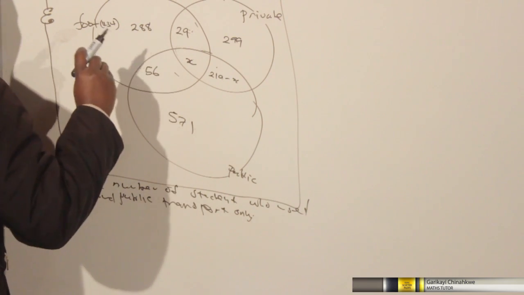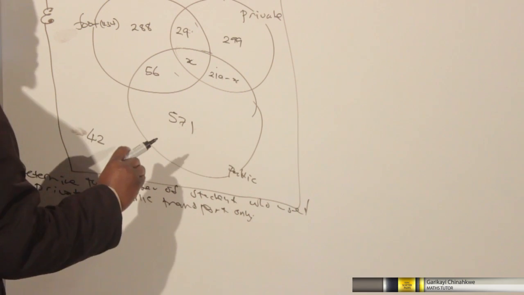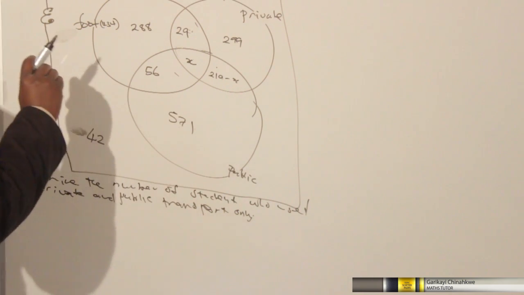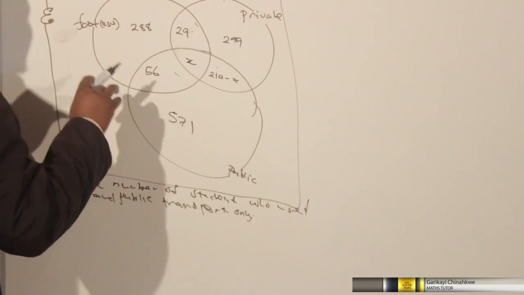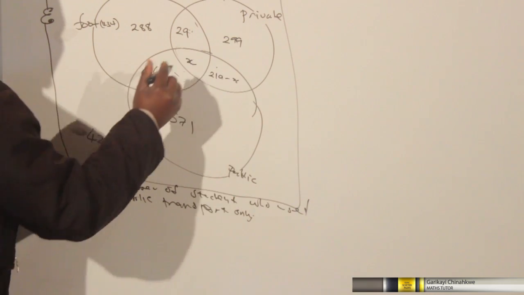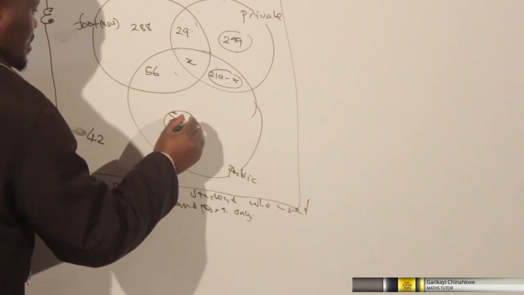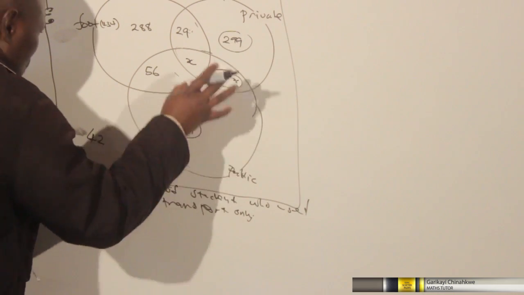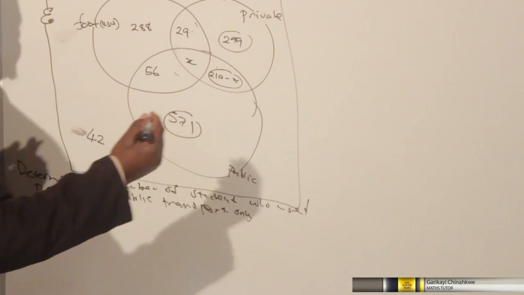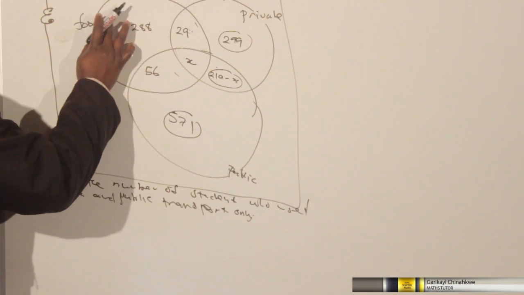We want those who travel by private transport or public transport only. In those people that we are looking at, we are not supposed to find people who use foot. So it includes this one and that one and that one. That's private and public only. So in other words, we must have the value of X. So how do you get the value of X? We are told that it is 434. Can you see this 434?